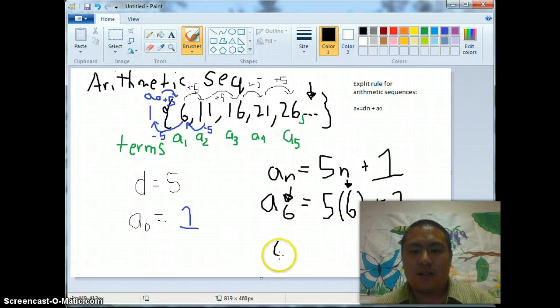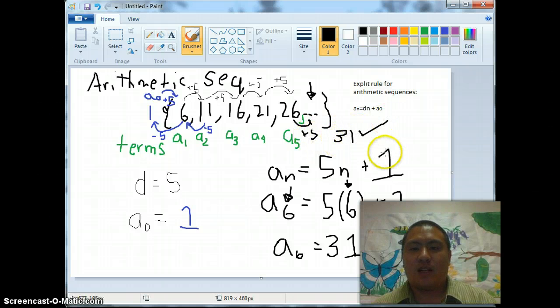I'm going to skip the step of multiplication. 5 times 6 is 30. 30 plus 1 is equal to 31. And I think most of you, if you guessed 26 plus 5, it is 31. So yes, we got it. There's my check mark.